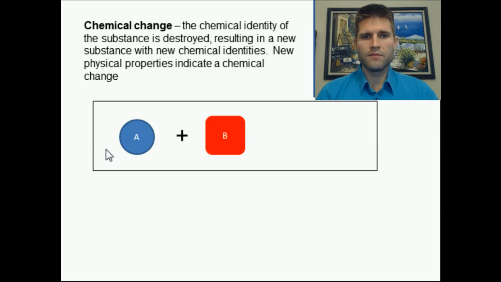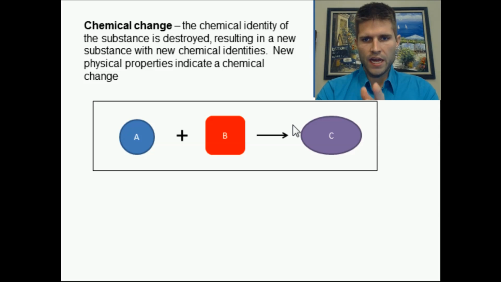A simple example of this, just a made-up example: if we have a blue circle and we have a red square and they react with each other to form a purple oval, we've seen a physical change. It's no longer the same shape. The color has also changed. Color changes generally indicate a chemical change. The chemistry of this purple will not be the same as the chemistry of either the blue or the red. It'll be some combination of the two.